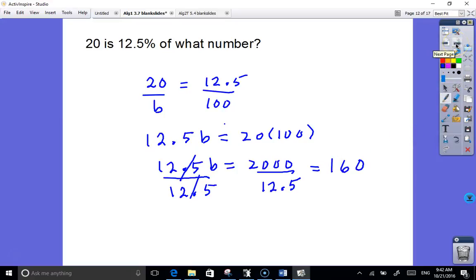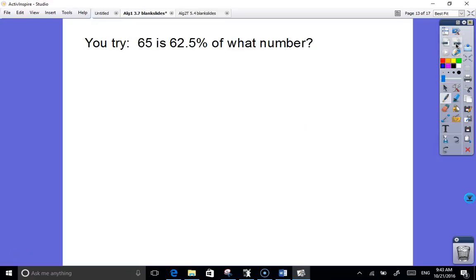Okay. So there's your you try. Try to do the same thing with these numbers. 65 is 62.5% of what number?